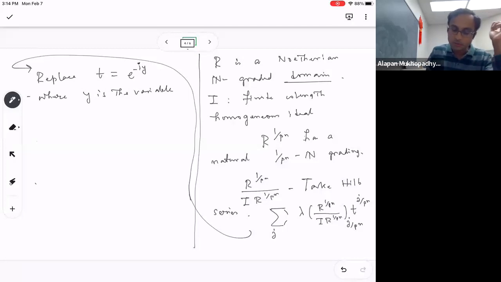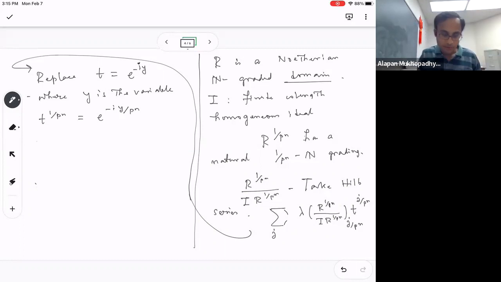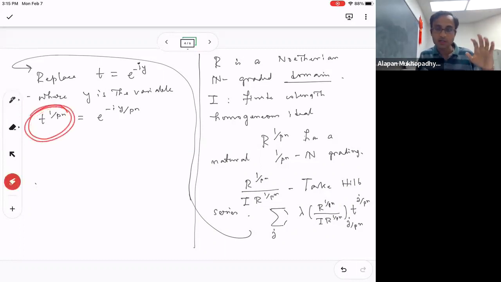Why do I do this? Now if I want to talk about t^{1/p^n}, that becomes just e^{-iy/p^n}. If I want to take the root function as a holomorphic function, I have to take a branch of logarithm and so on. If I make this change of variable, I can just take the p^n-th root very naturally in a holomorphic fashion. So what do I end up getting?